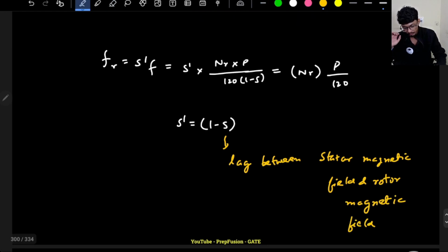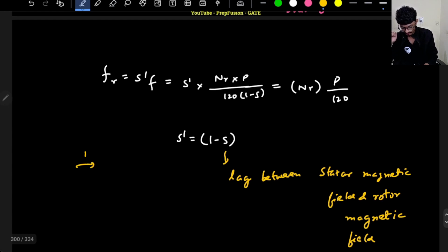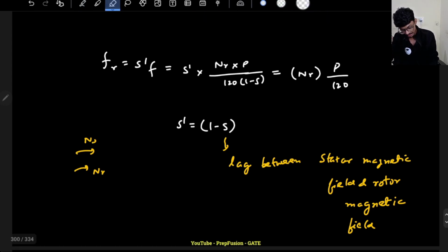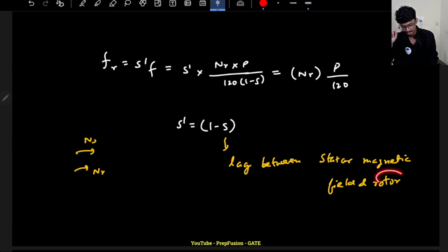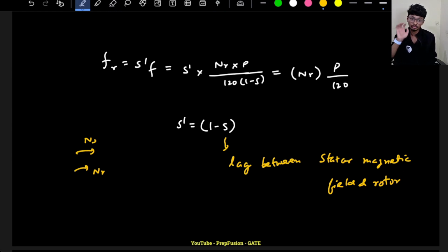Now, when the stator magnetic field was rotating with NS and the rotor was rotating with NR, then the lag between the stator magnetic field and the rotor was basically NS minus NR, correct? So that much amount of speed the rotor magnetic field was rotating with respect to stator, to be stationary with respect to the stator rotating magnetic field.